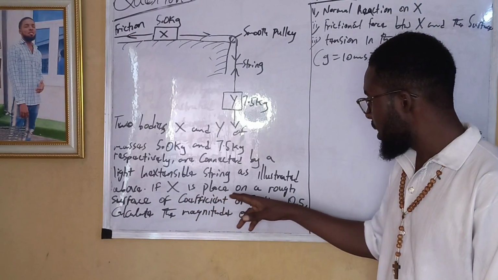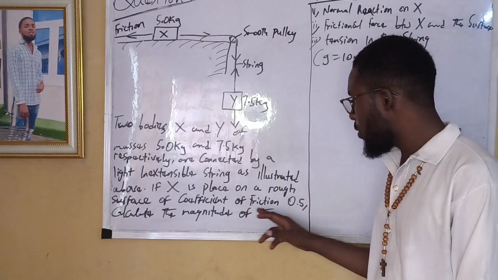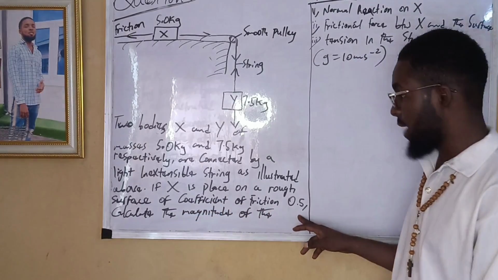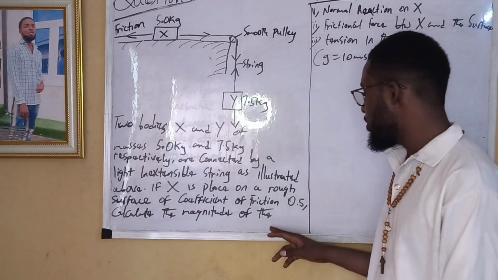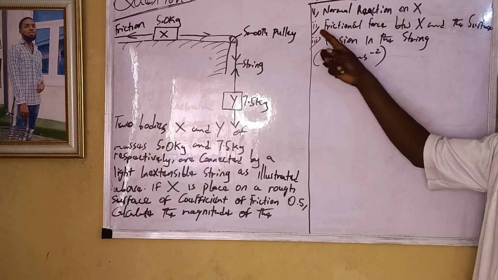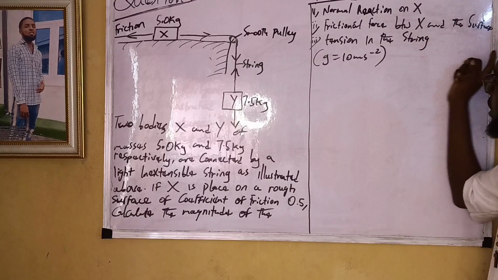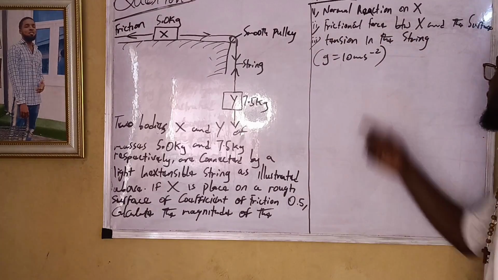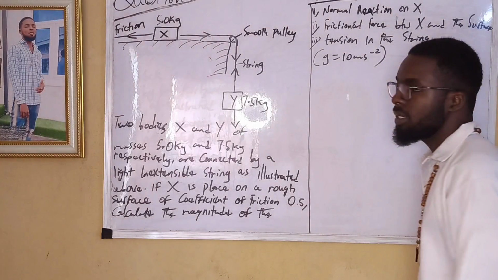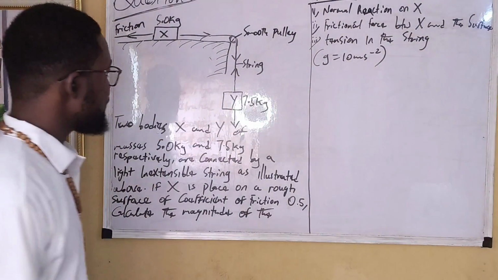If X is placed on a rough surface of coefficient of friction 0.5, calculate the magnitude of: Roman figure 1, the normal reaction on X; Roman figure 2, the frictional force between X and the surface; then Roman figure 3, the tension in the spring. And of course, g, acceleration due to gravity, is 10 meters per second squared.